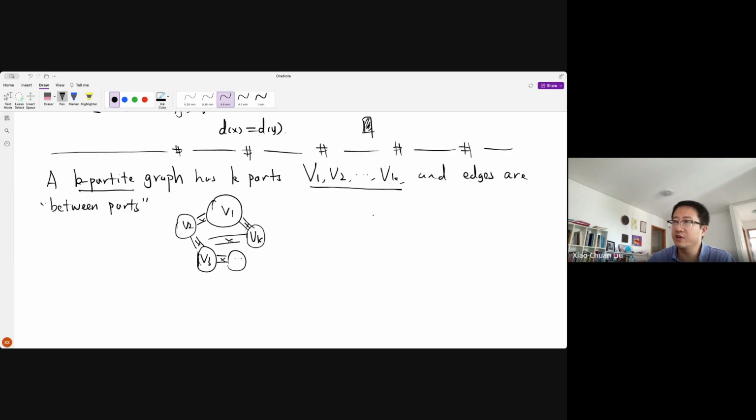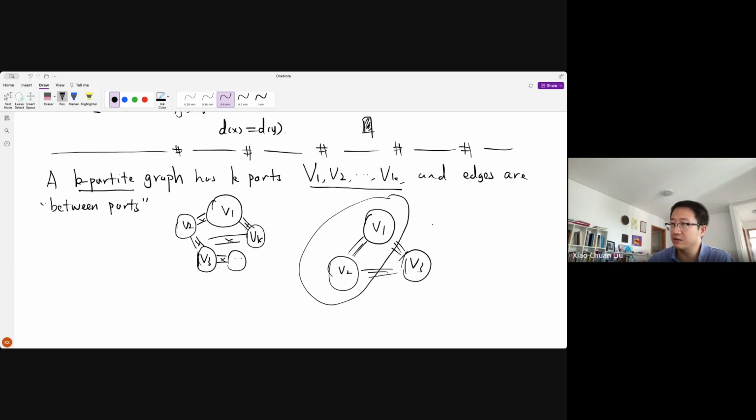For example, if you have a 3-partite graph, it is also a bipartite graph. No, I'm saying something stupid. So it is also 4-partite.